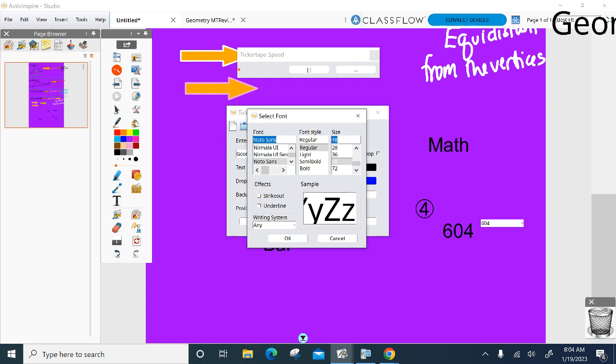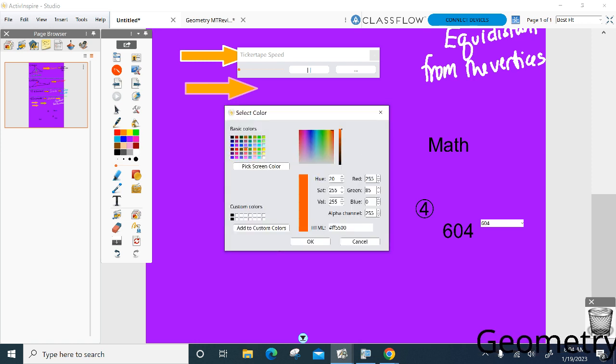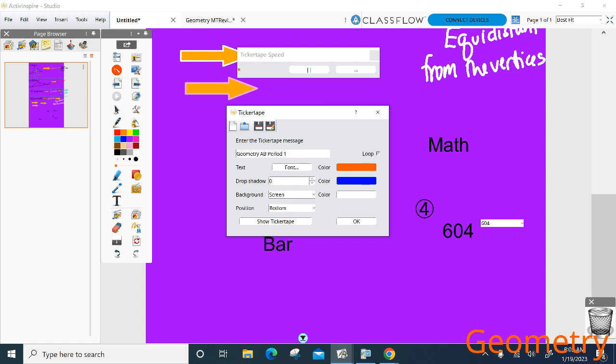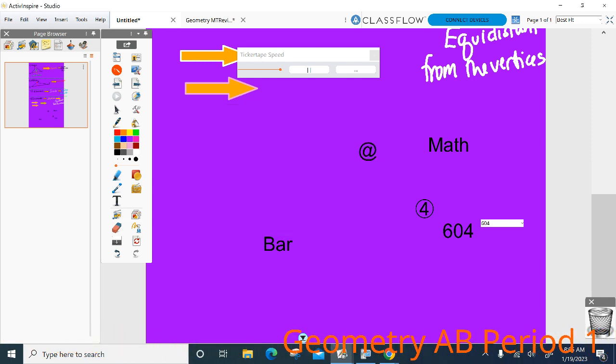Speed this bad boy up here. Just gonna keep that rolling. It looks like in the news when they slide the news across the screen.